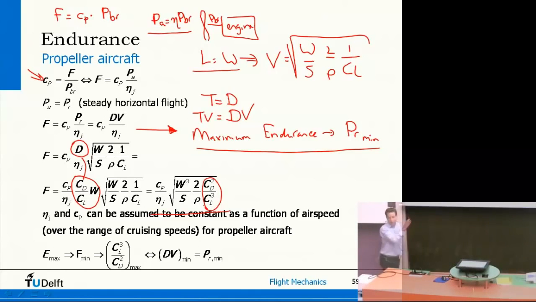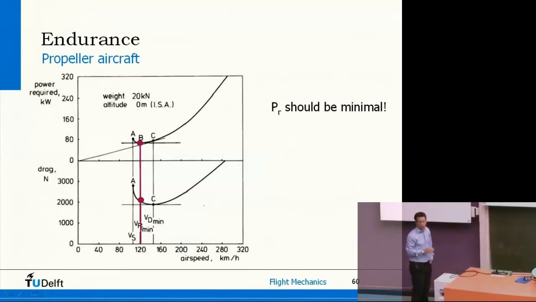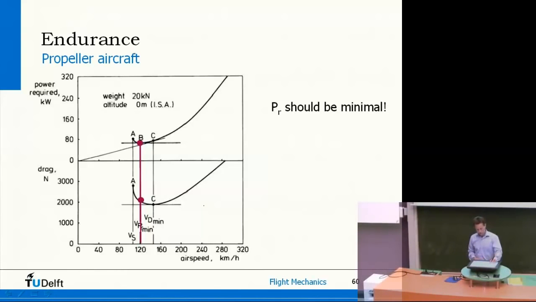So if you have a performance diagram, then it's fairly simple to look at what is the actual minimum power condition. If you look at the power curve, it's that minimum condition there, and you can read off a certain airspeed.